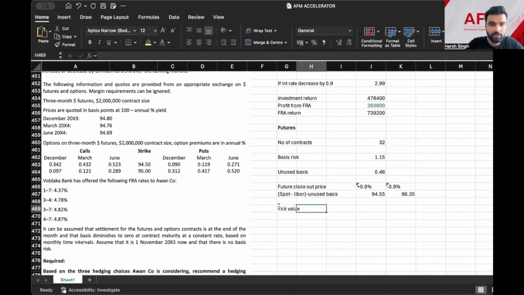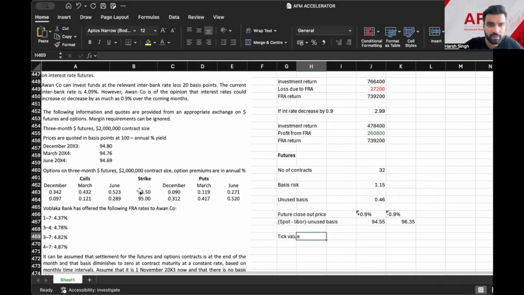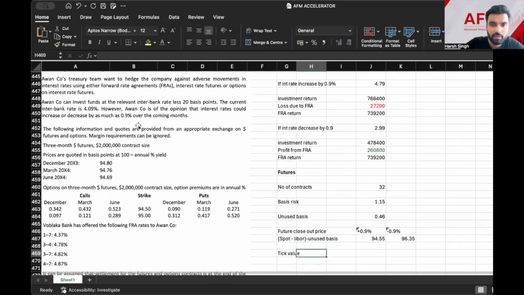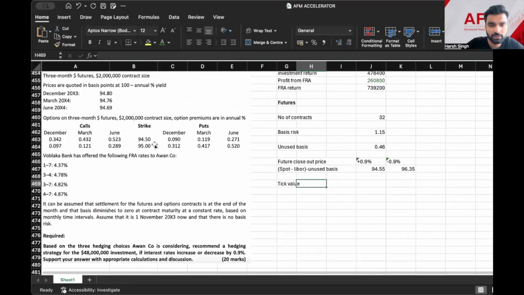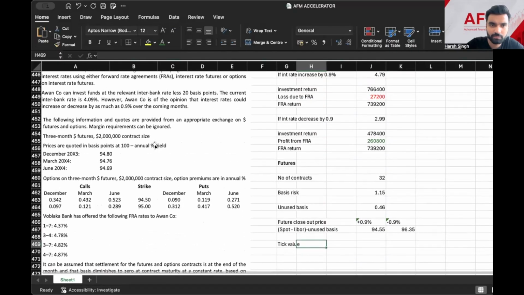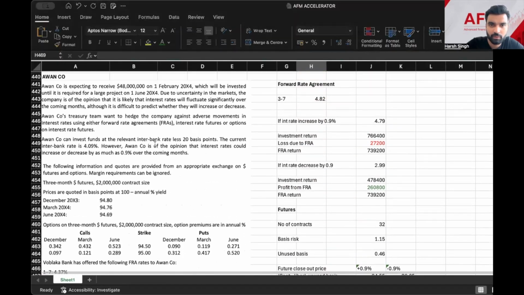Tick value. Is the tick value provided over here, everyone? Just give me a second. Let me see if the tick value is being provided. I don't think that the tick value is given in this question.